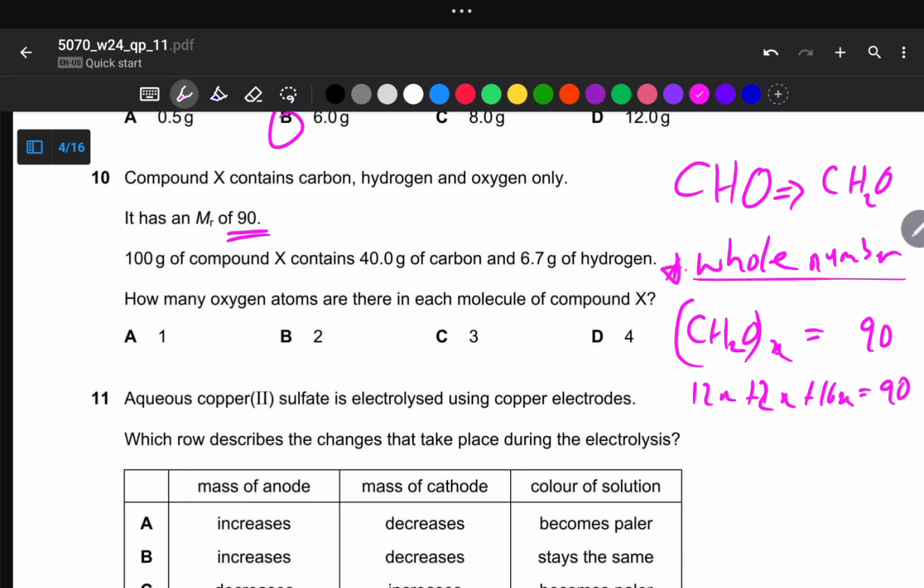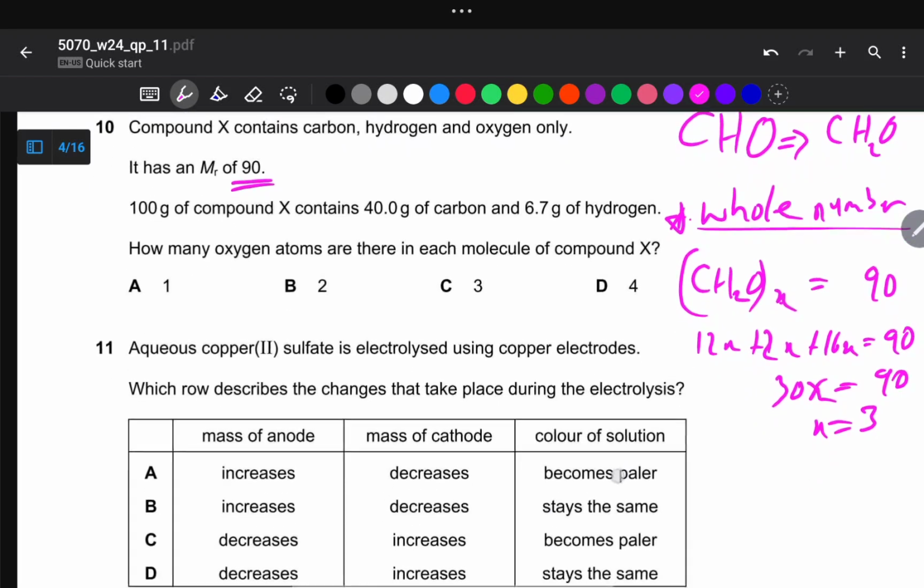So we add 12 plus 2, 14, plus 16, which is equal to 30x, which is equal to 90. So x is equal to 3. So the actual number of atoms in the molecule is CH2O times 3. So we've got 3 carbons, 6 hydrogens, and 3 oxygens. Are we together? So this makes C the correct answer.